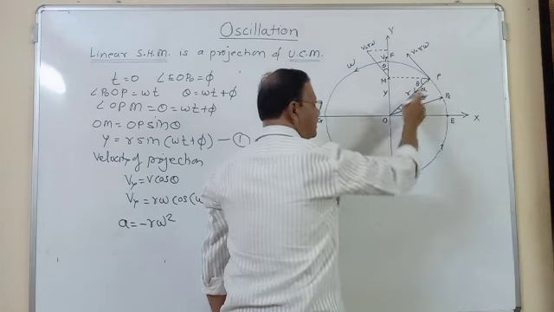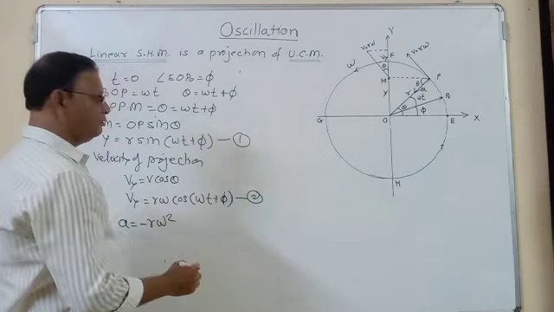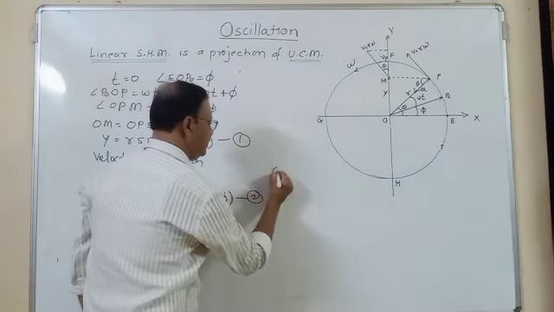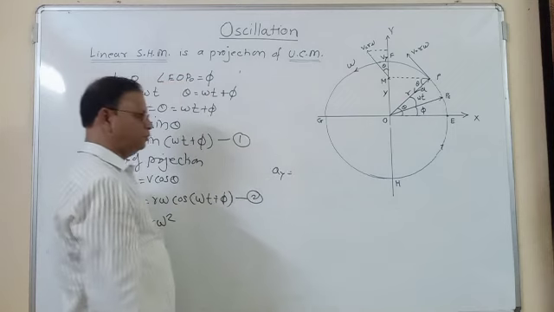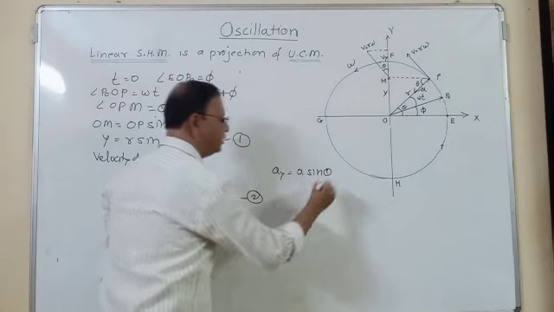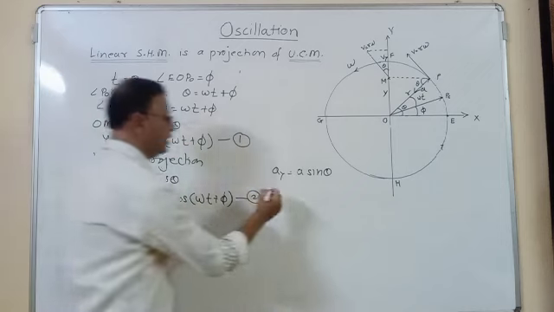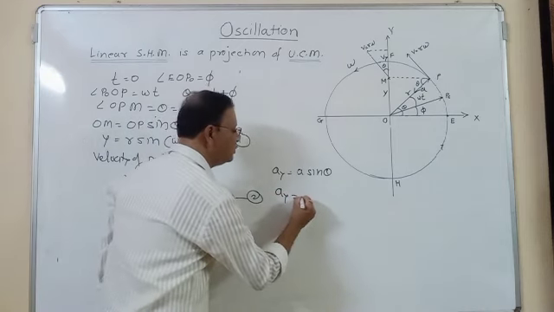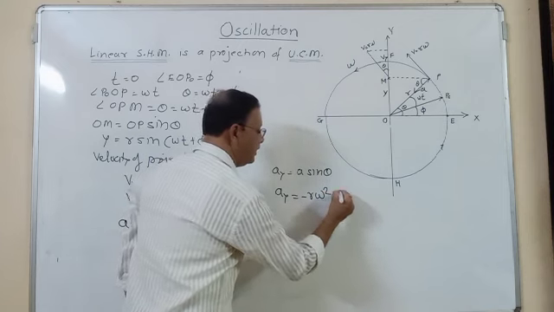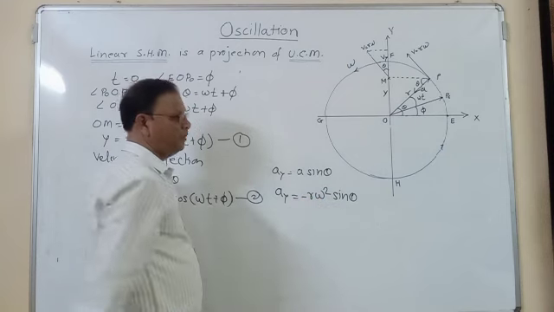This is the direction in which the radial acceleration takes place, and therefore acceleration along this direction Ay is equal to A sin theta, and when A is equal to minus r omega square, Ay is equal to minus r omega square sin theta.